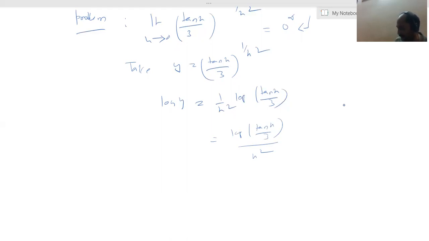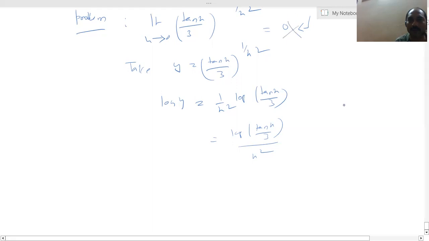What happened? It actually does not fall in our model. Our indeterminate forms are 0 power 0, 1 power infinity, or infinity power 0. This is not in our fourth model. Okay, stop this process and apply another way.